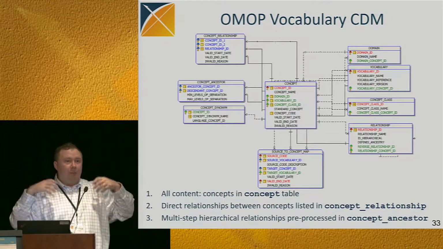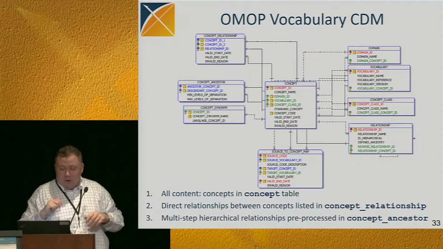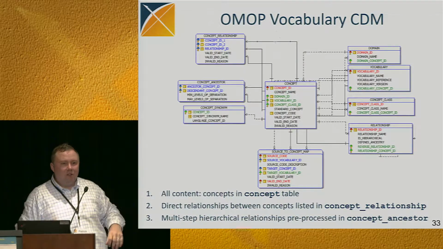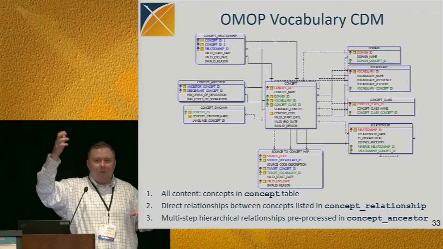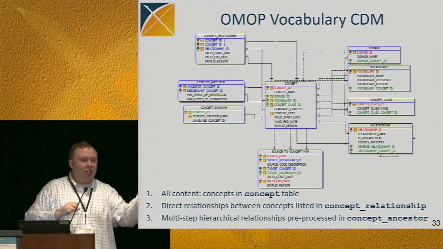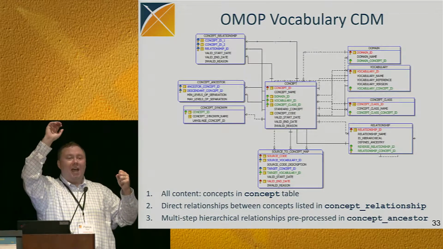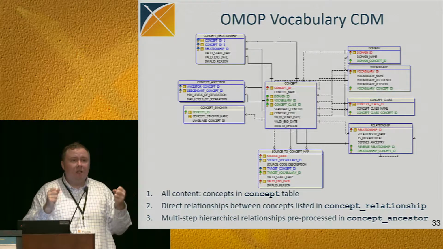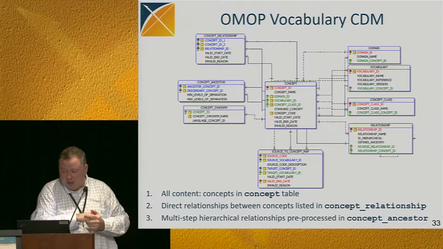And so examples of that might be a drug may be related to its drug class. So warfarin is a vitamin K antagonist. Or atrial fibrillation is a type of cardiac arrhythmia. So there can be relationships between entities that we preserve in this concept relationship table.